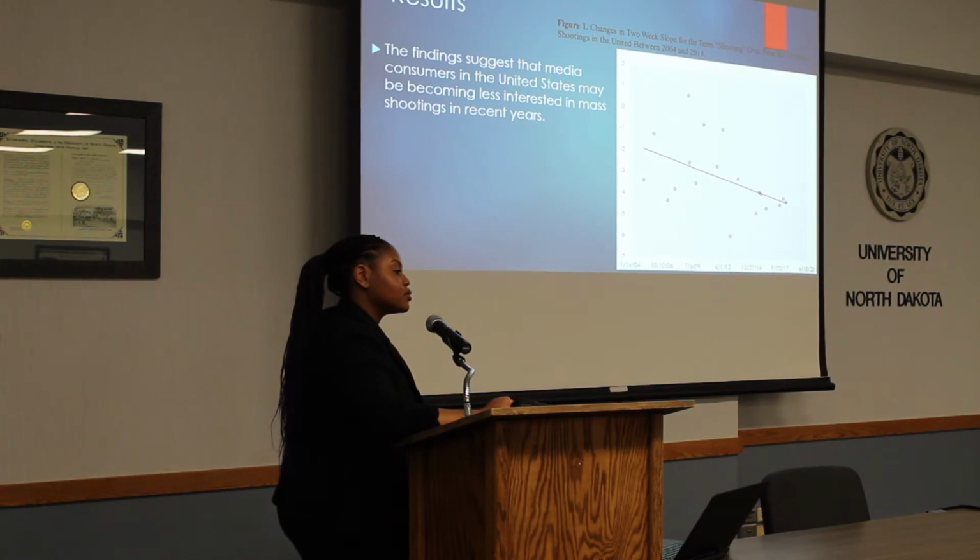So basically, we looked at every day how many shooting searches were made, and we created a slope for each shooting in those 2 weeks. And so obviously on the first day, there's a big bump, right? That's the most popular, the first day after the shooting. But then it kind of trickles down.